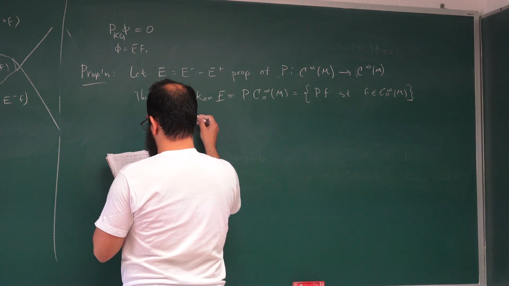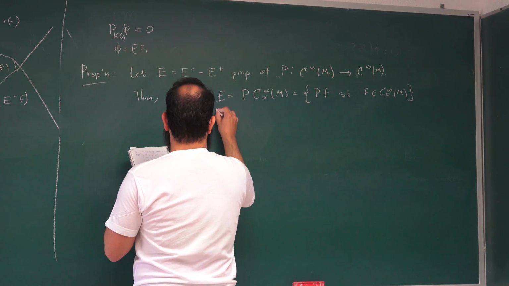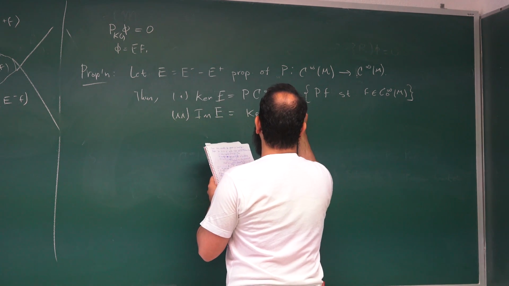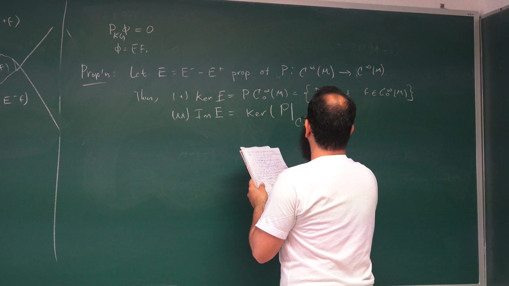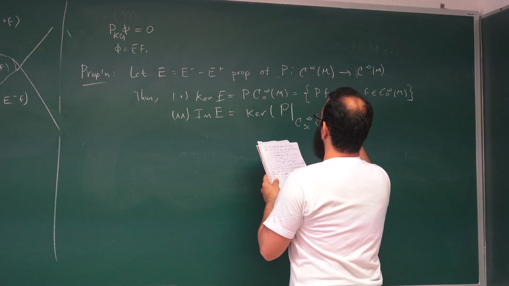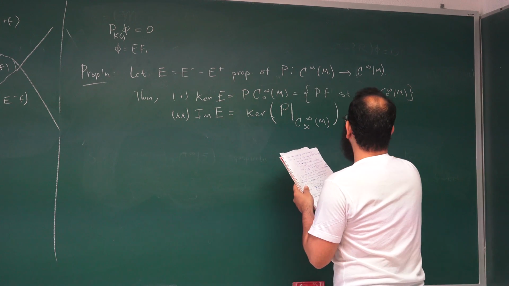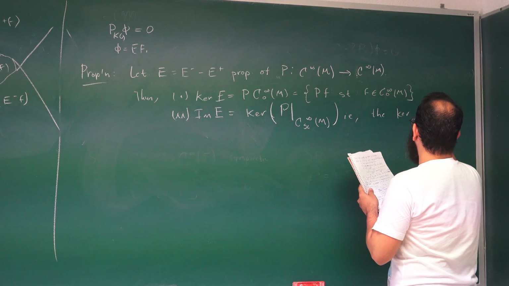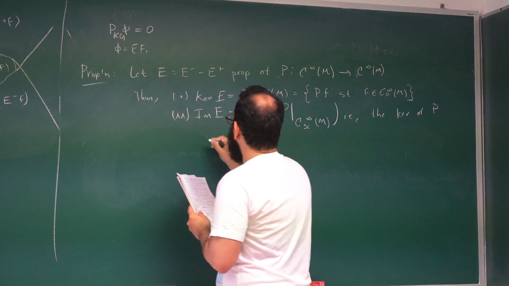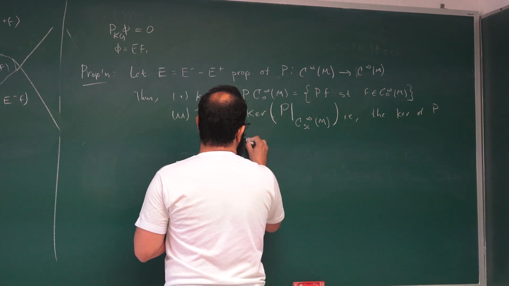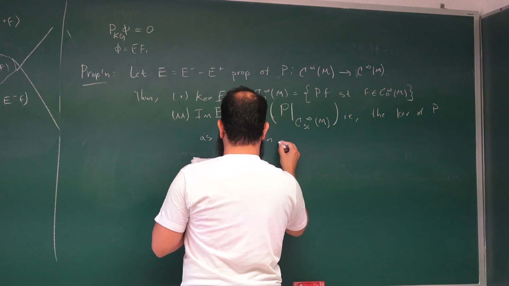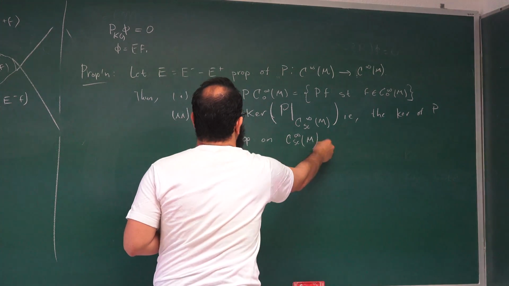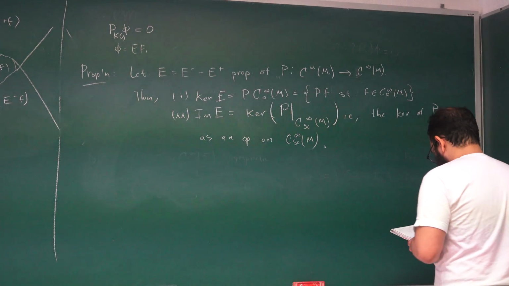Secondly, and perhaps more interestingly for us, the image of E is equal to the kernel of P when viewed as an operator over spatially compact smooth functions, so the restriction to those functions, okay?